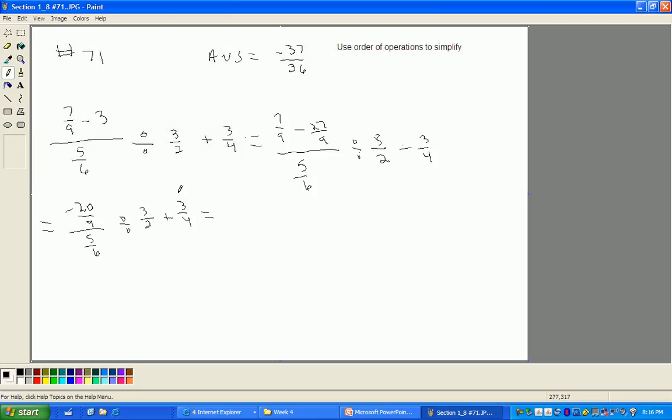Now we can go ahead and do this division. When we divide fractions, we just flip the second one, the bottom one, and multiply. So we get negative 20 over 9 times, this is 5/6, we flip it to be 6 over 5.